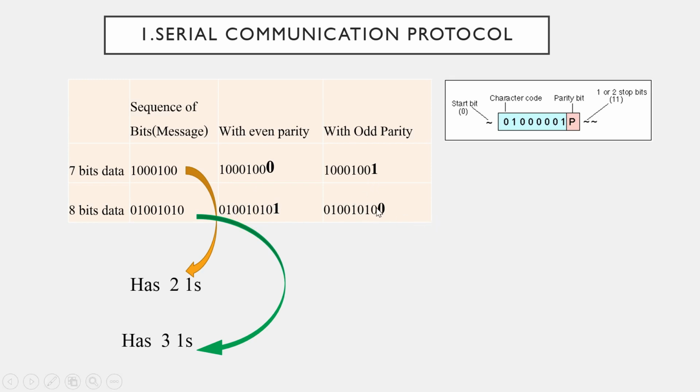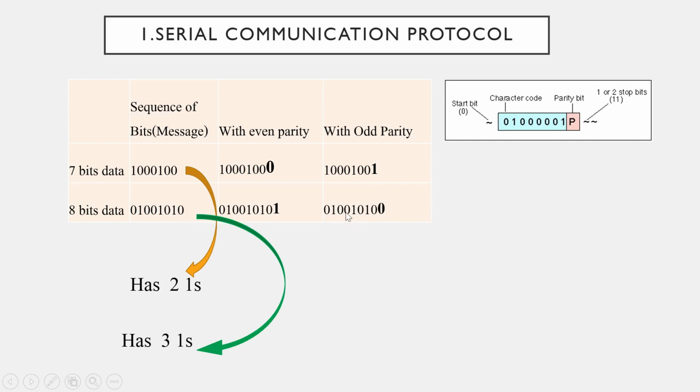If you set the odd parity parameter, and here there are 3 ones, meaning an odd number of ones, then when the sender device sends this message there is no need to add another one.